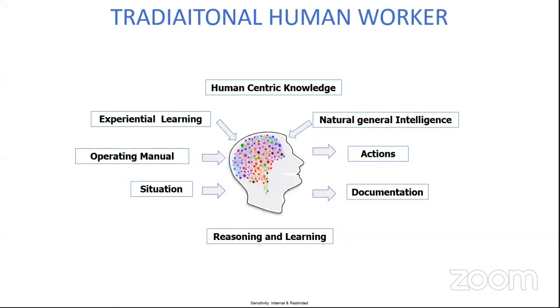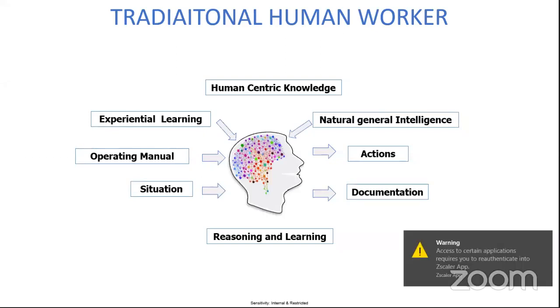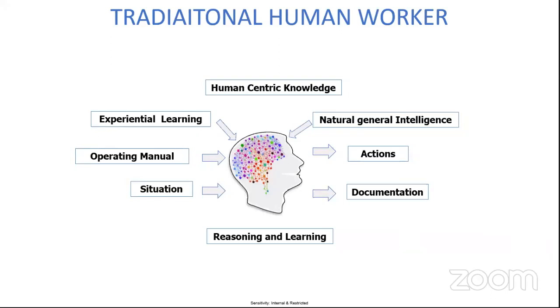Any task that is given to us to solve or work upon, we use two important aspects of our human-centric knowledge: one, our past experiential knowledge, and the natural general intelligence that we carry. Based on these two aspects, we are also led by an operating manual that is given to us to solve any given business problem or task.